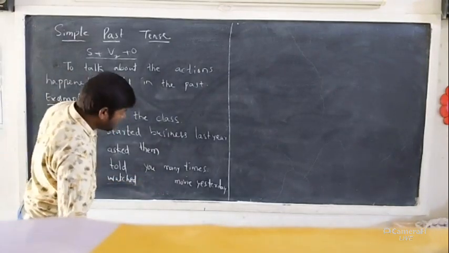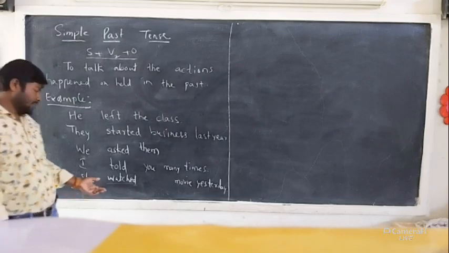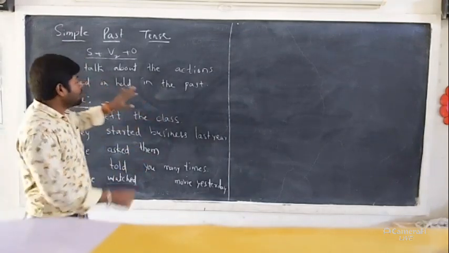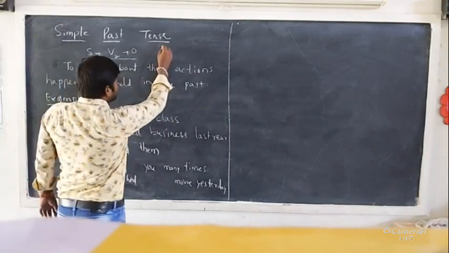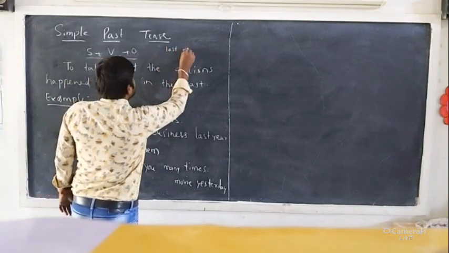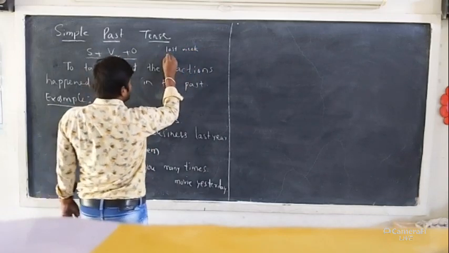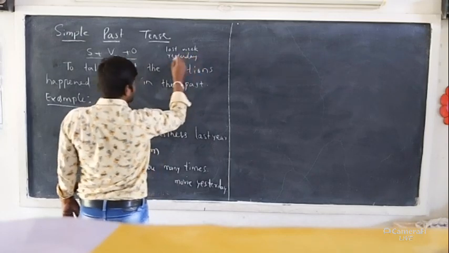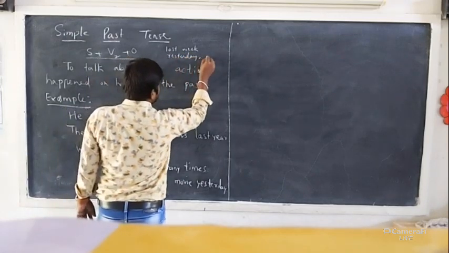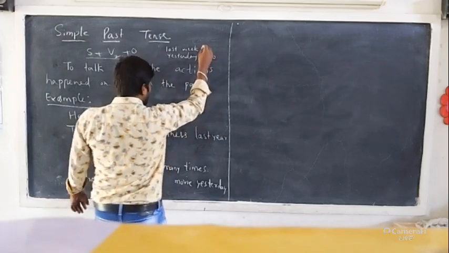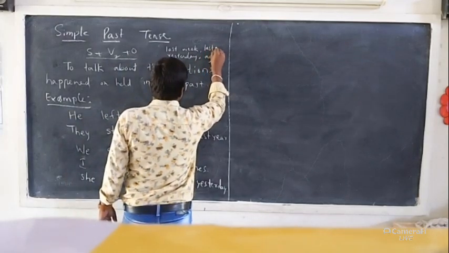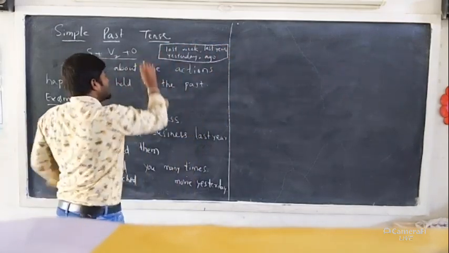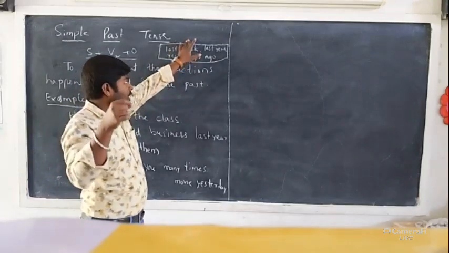When we learn editing passage, I will tell you how you identify the tense, how you identify the sentence, how you write the answer. So see here, first of all, if you find last week or yesterday, for suppose ago, or last year, anything, if you find this kind of words, I'm talking about the editing passage.